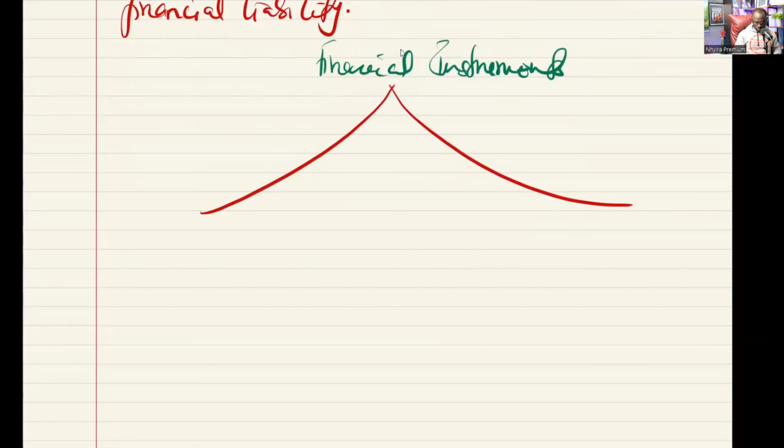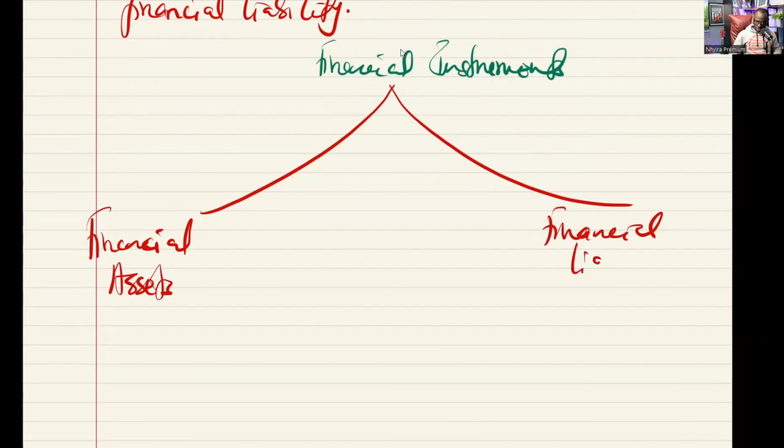So we could have financial assets on one side, and we could have financial liability and/or equity on the other side. Please stay with me carefully.